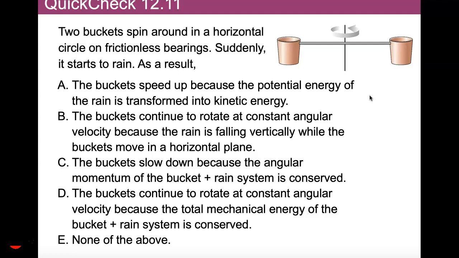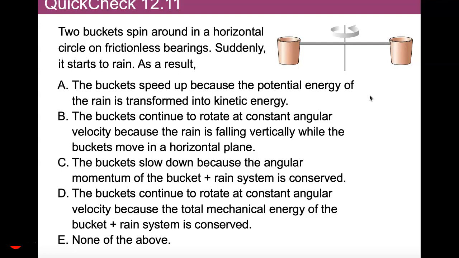There's no external torque on the system of raindrops plus buckets, so their total angular momentum must be conserved. So initially only the buckets are rotating, the raindrops are not, and finally they're rotating together. So the moment of inertia has gone up, the moment of inertia for the thing that's rotating, right?